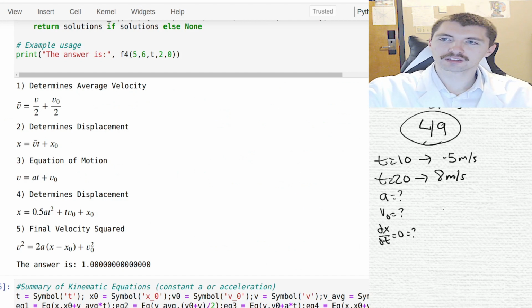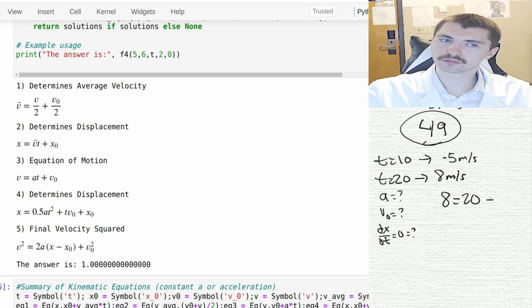So I'm thinking we do V, the ending V is A. So I'm thinking 8 equals A 20A using equation 3. But I don't think we know the initial velocity though.